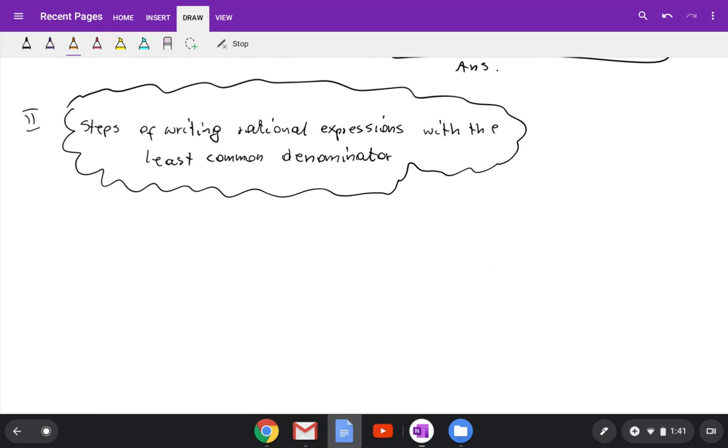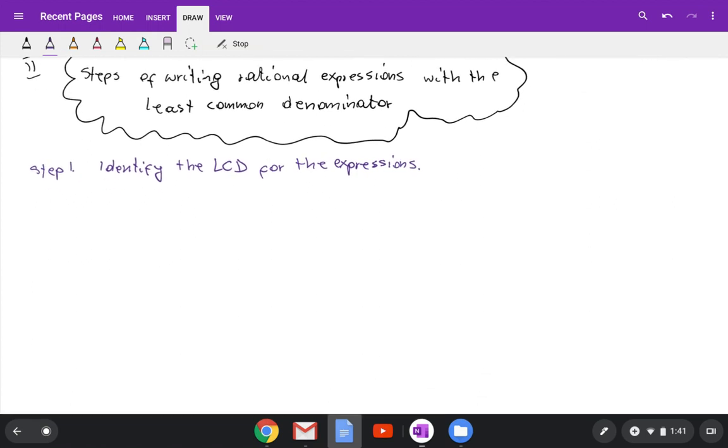Okay, so first, step 1, identify the least common denominator for the expressions. So we're going to follow the steps which we learned already.